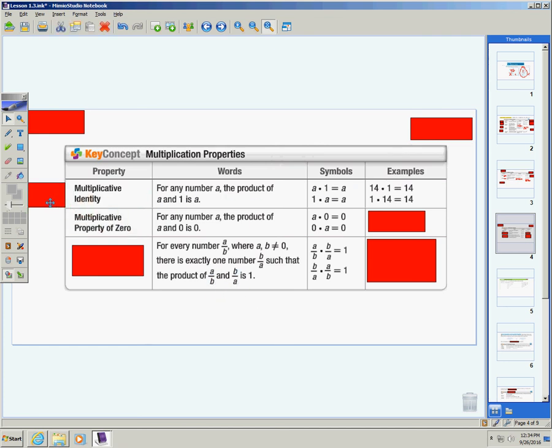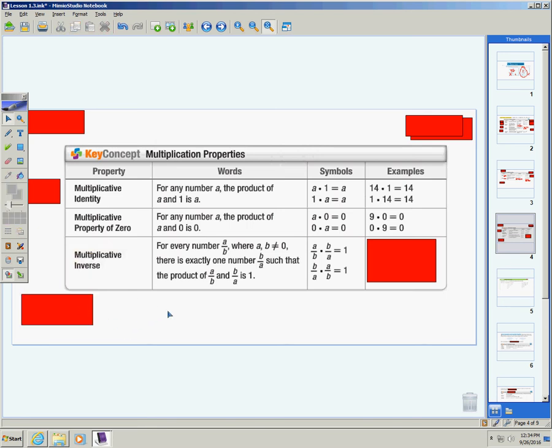And then we have our multiplicative inverse, which says for any number, there's exactly one number that if you multiply it, you get 1, which is just the reciprocal. We've talked about that. So if I take 4/5 and I multiply it by its reciprocal, I would get 1.